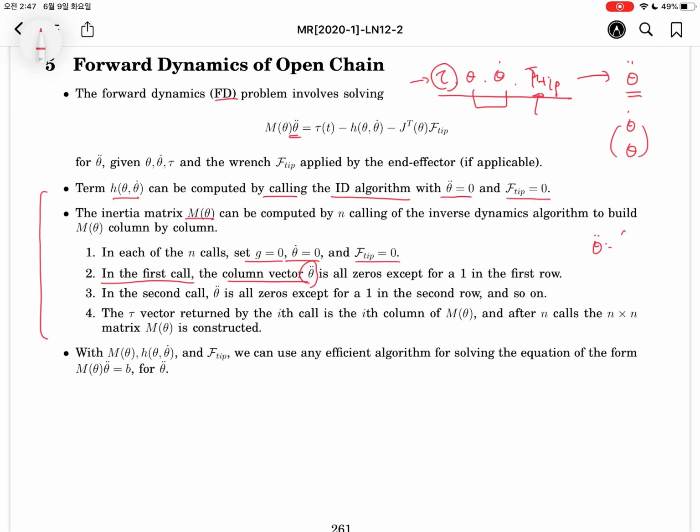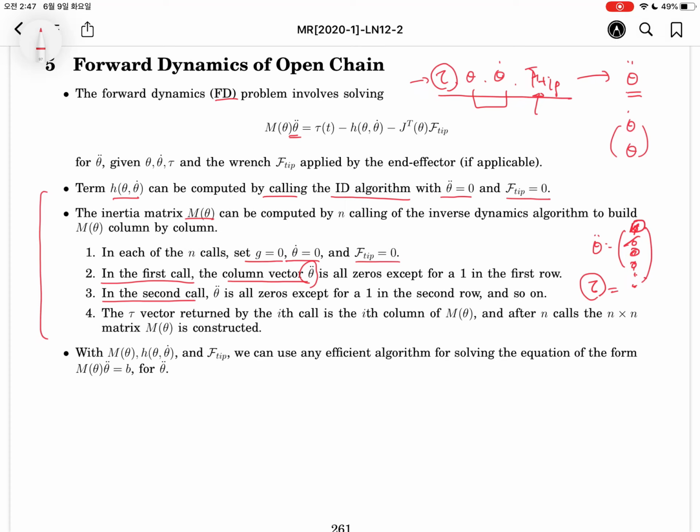So 1, 0, 0, 0 should be applied to obtain the first column of inertial matrix. In the second call, theta 2 dot should be 0, 1, 0, 0, 0. Then the result will be the tau. Tau will be equal to the second column of inertial matrix.